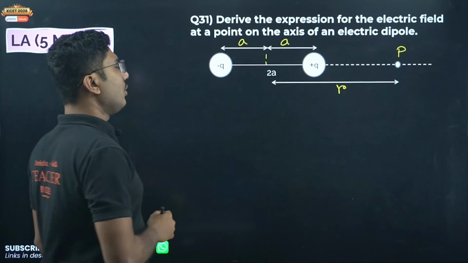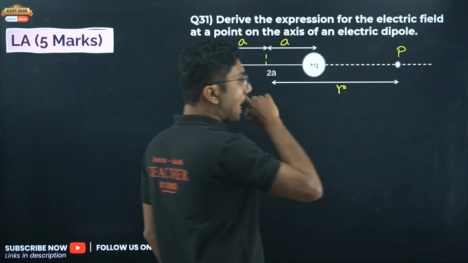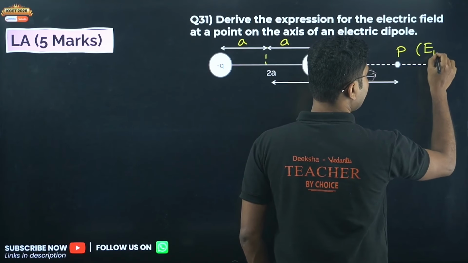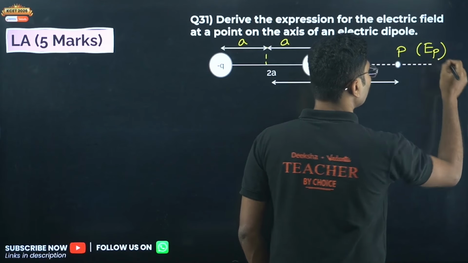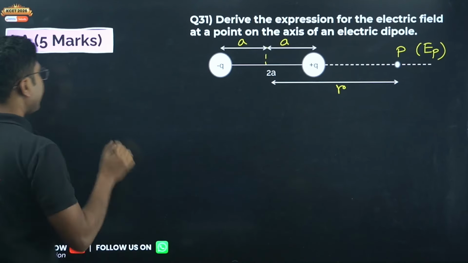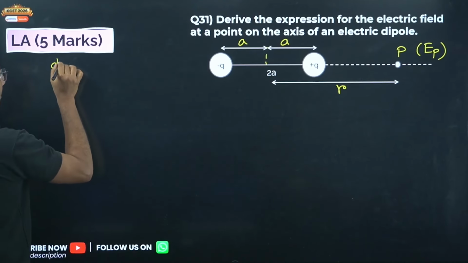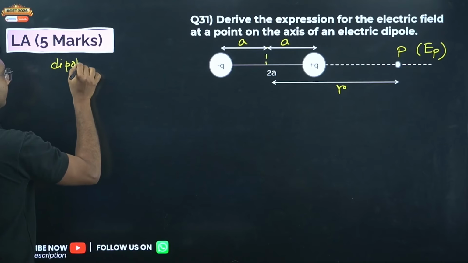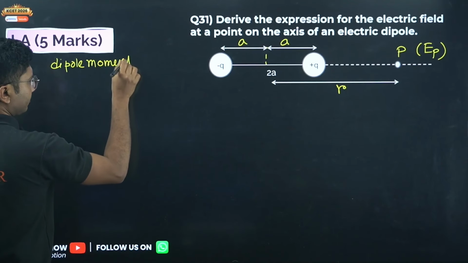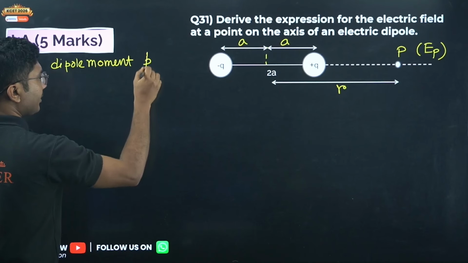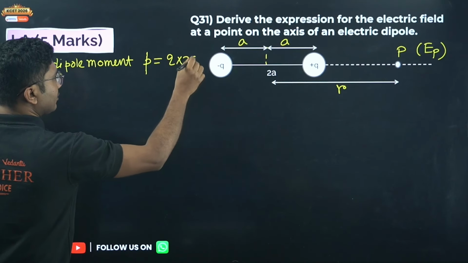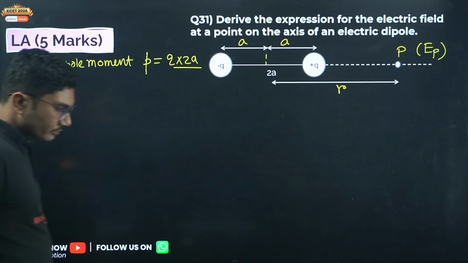Okay, so we are trying to find the electric field at this point P. First of all, for a given dipole, the dipole moment is given by small p equals Q into 2a. So this is the dipole moment.